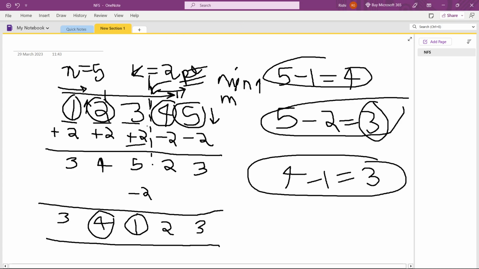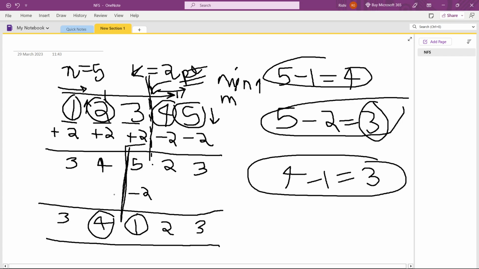So this can lie anywhere, like here it lay here, or here it lay here. So we have to find the point of inflection where our answer is minimum.